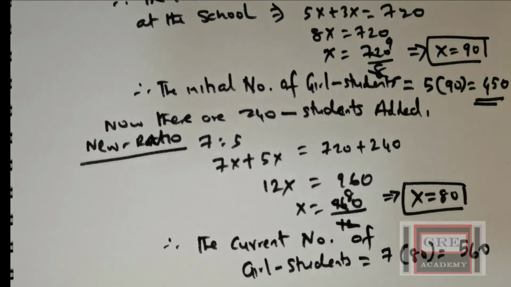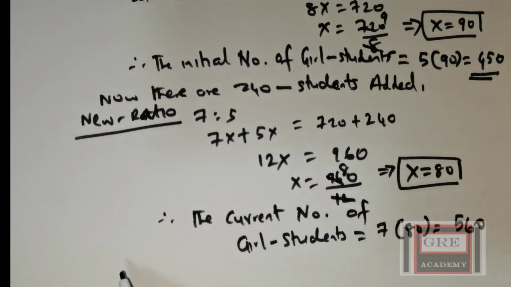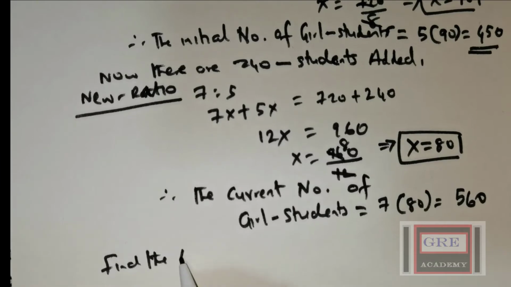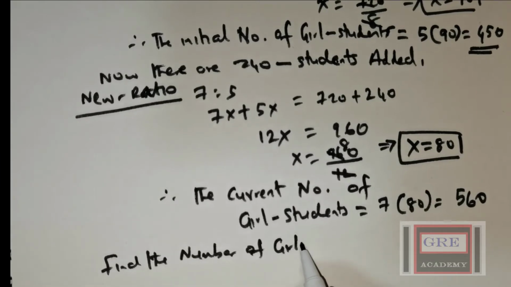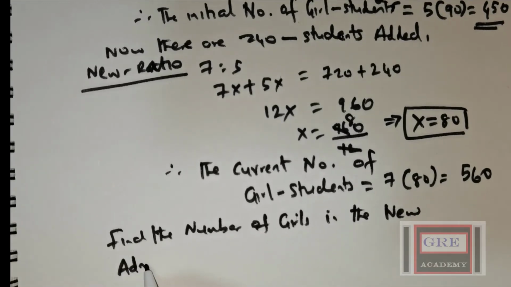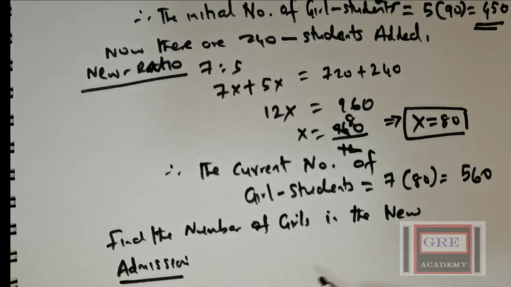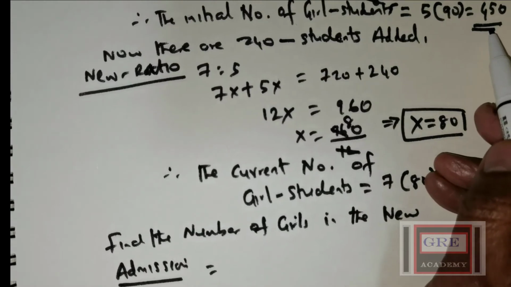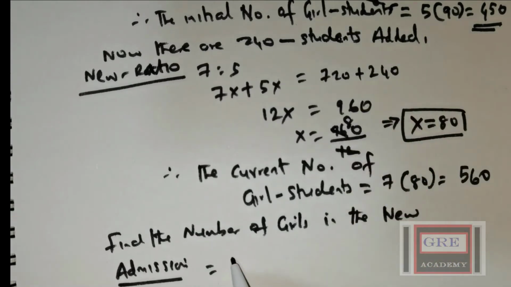Now, if they ask you, find the number of girls in the new students or in the new admissions, then the initial number of girl students we have found was calculated to be 450.